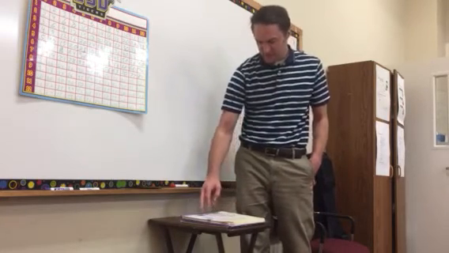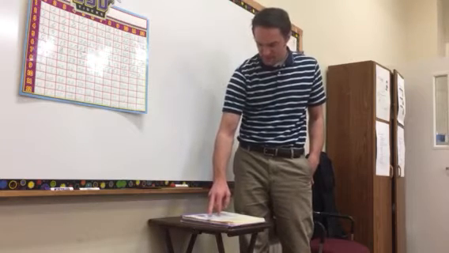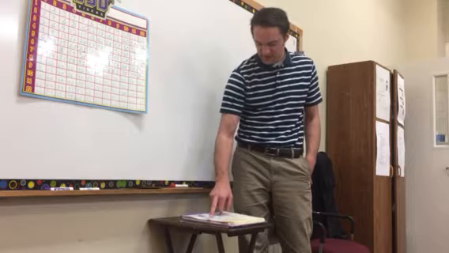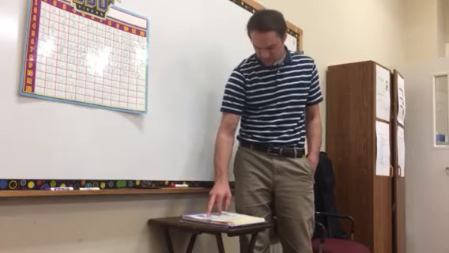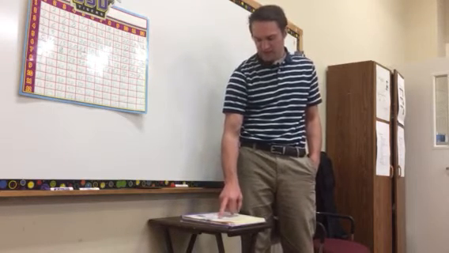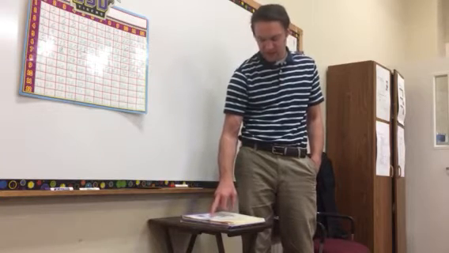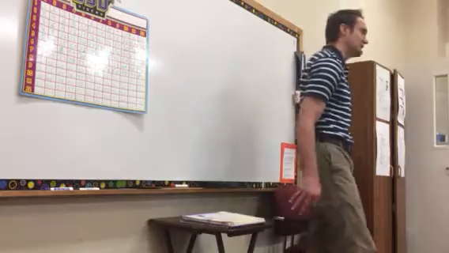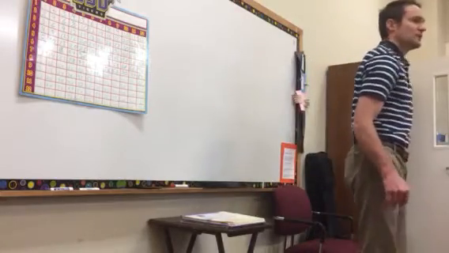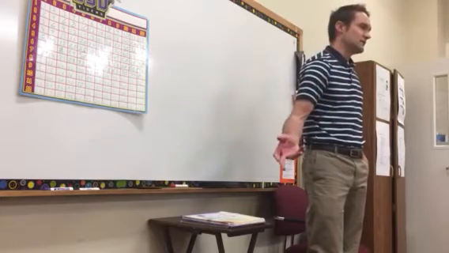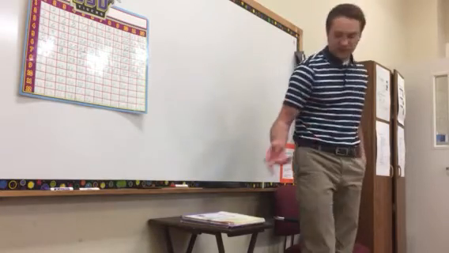It says Max's locker number is one of these numbers: 425, 450, 480, or 486. We know that his locker number is divisible by 2, 3, 5, 9, and 10. We have what we know. We're going to use what we know to find out what we don't know.